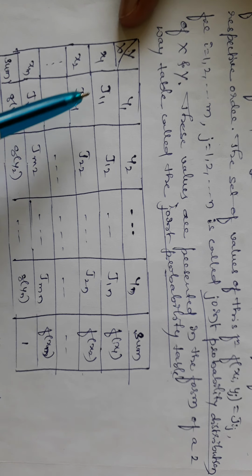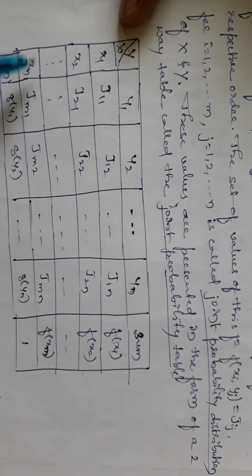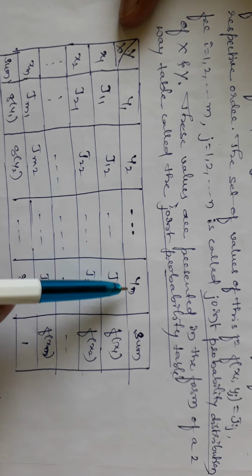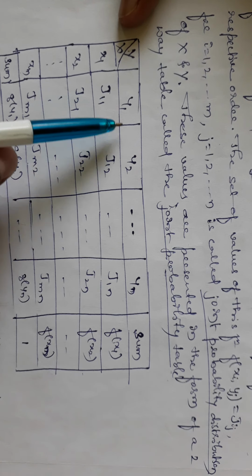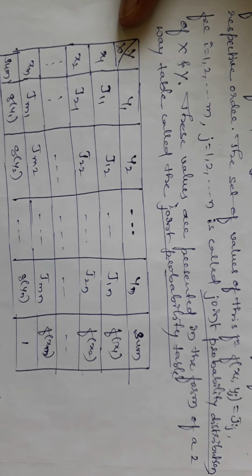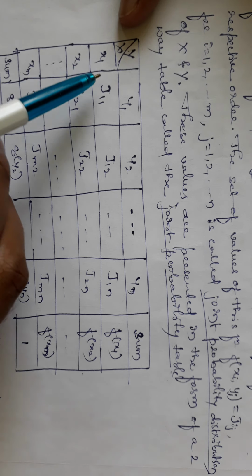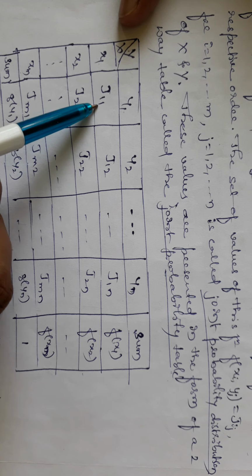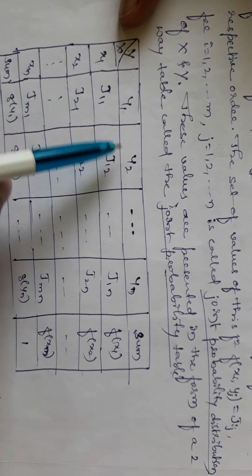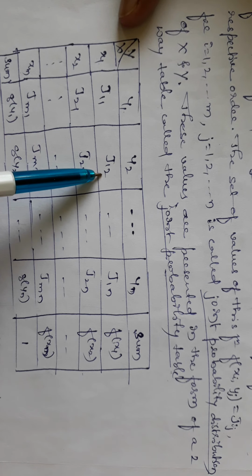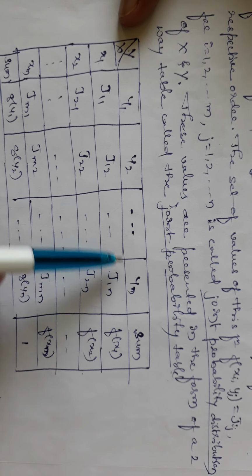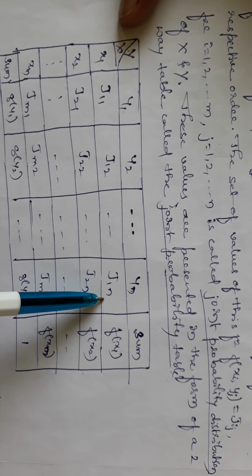Here x1, x2, and so on up to xm we take in the first, second, and so on up to the mth row, and the Y values y1, y2, and so on up to yn in the first, second, and so on up to the nth column. Now the joint probability value of x1 and y1 is called J11. The joint probability value of x1 and y2 is called J12, and so on up to the joint probability value of x1 and yn, called J1n.